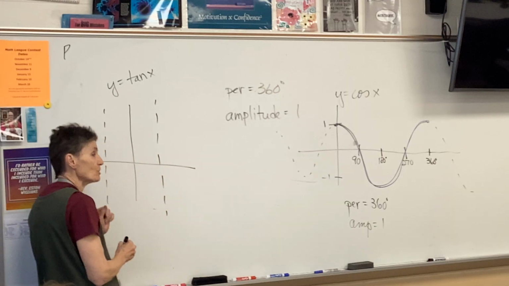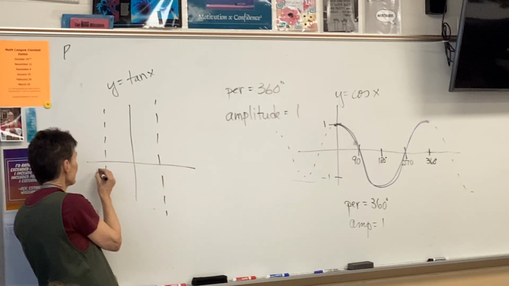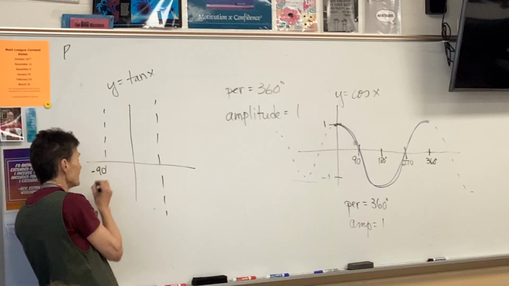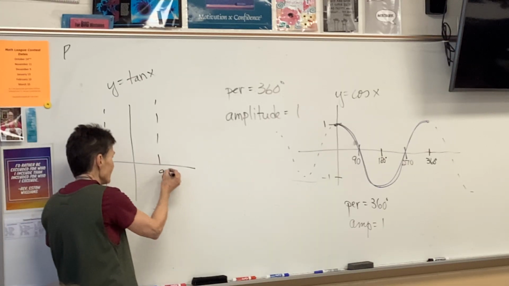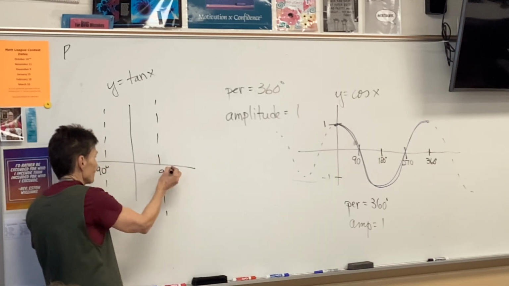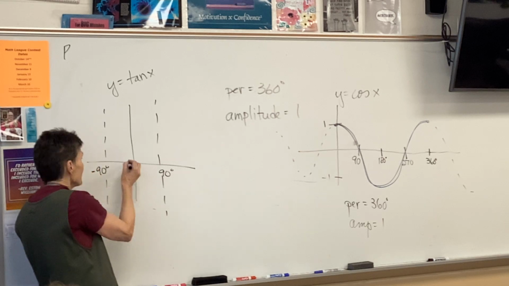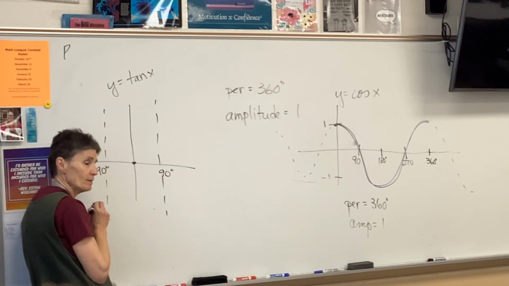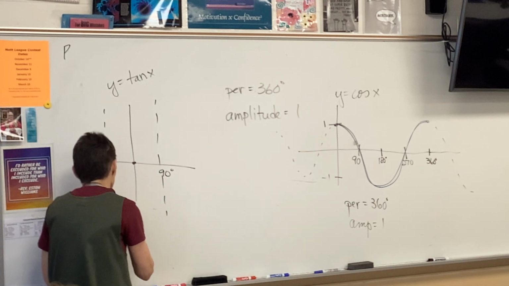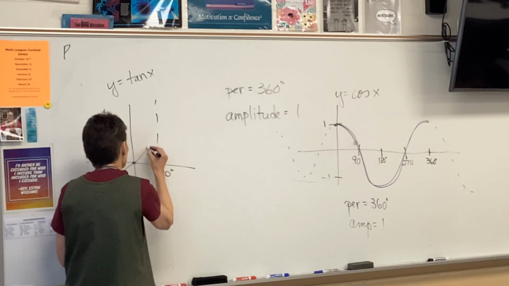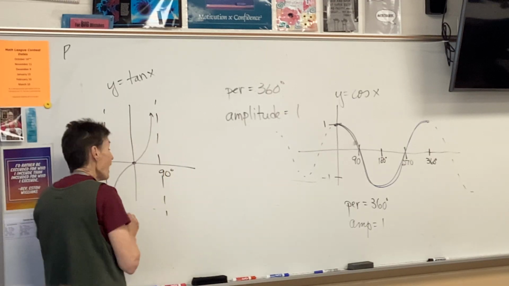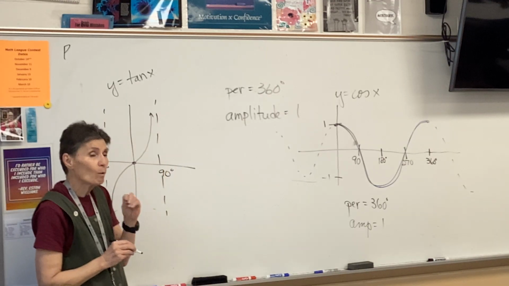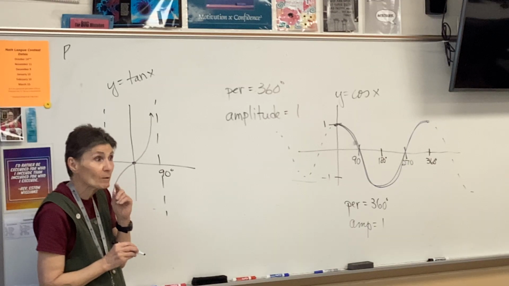So the tangent has an asymptote at negative 90 and positive 90. It goes through the origin. It's a squiggle, so it kind of looks like a BFF. What BFF does that look like? Do you remember?